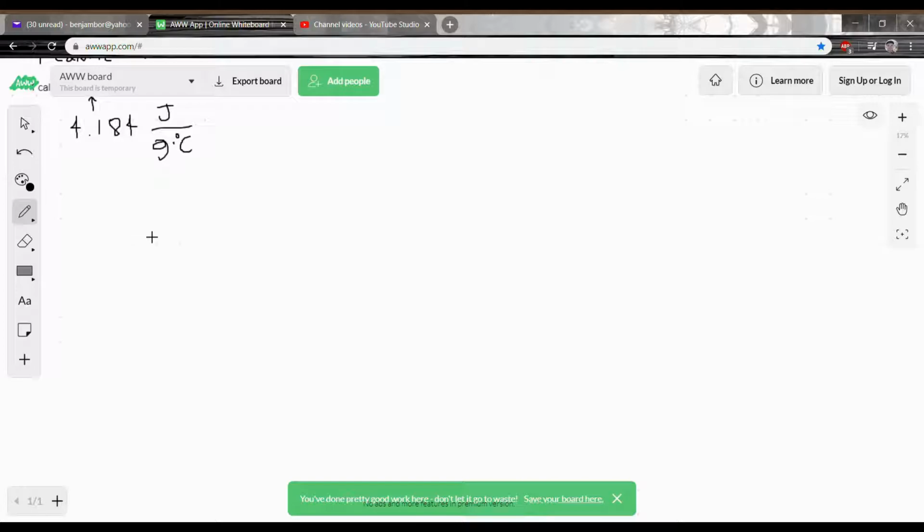On page 393, we are introduced to equation 13.1. I would recommend you memorize this because it'll be helpful. It's also in a pink block, usually meaning you have to memorize it. We have that Q is equal to M multiplied by C multiplied by delta T.